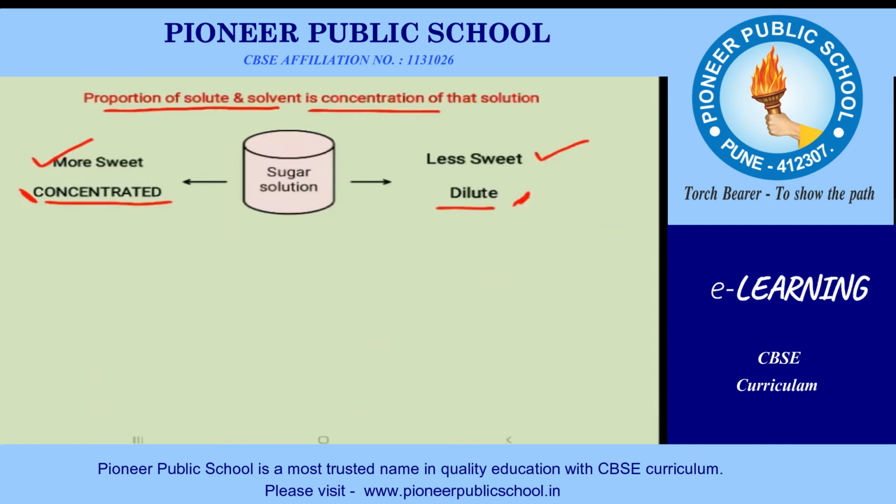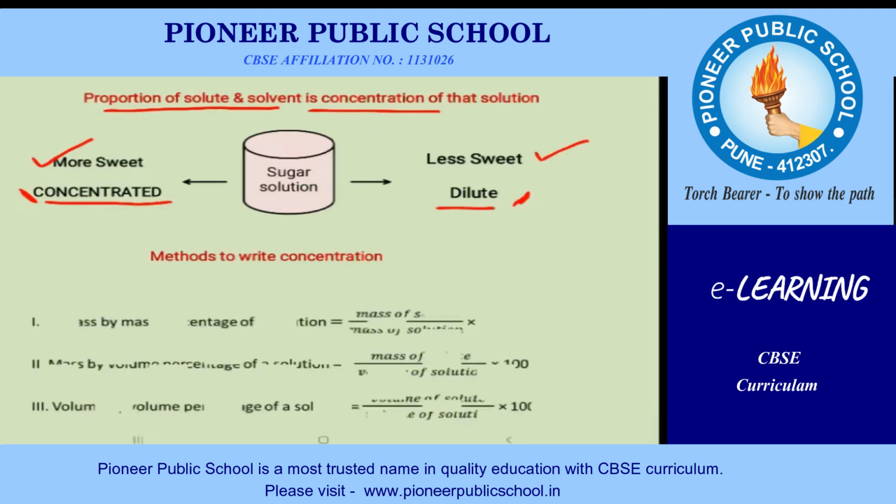We need to know the exact concentration of the solution, and the way of telling the exact concentration is called methods to write concentration. There are many different methods. Here we have a few formulas which can give us the exact concentration of the solution.